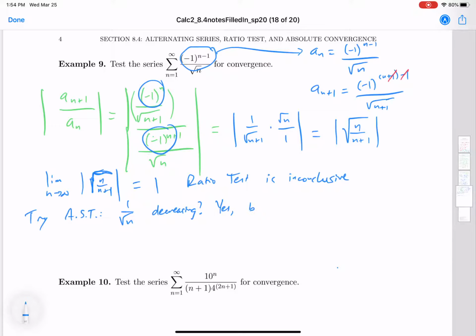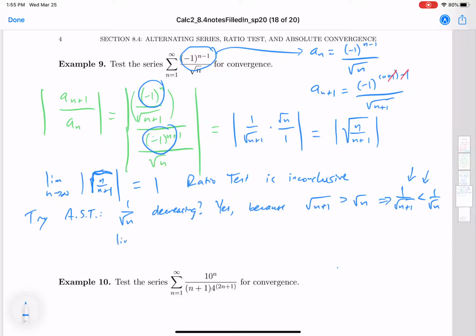Yes, because square root of n plus 1 is going to be greater than the square root of n, which means that 1 over the square root of n plus 1, when I do the reciprocal, I flip the inequality. So each time that I get my next term in the sequence, it's getting a little bit smaller.